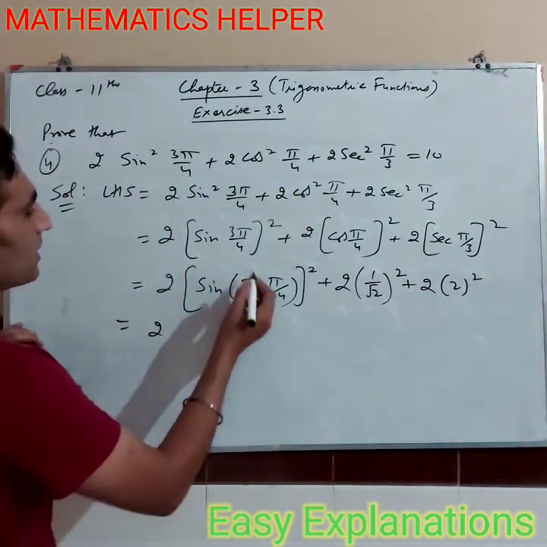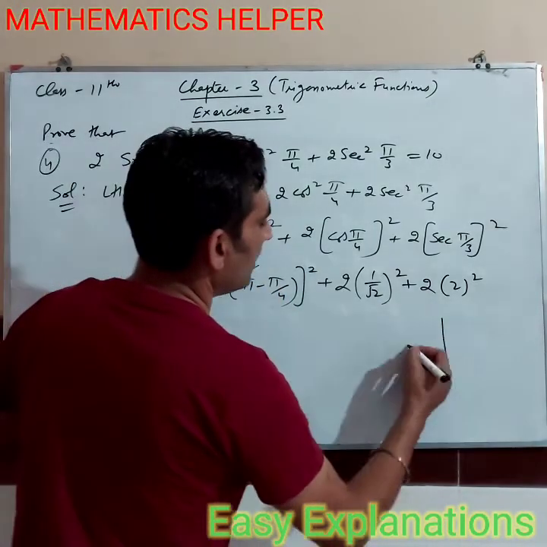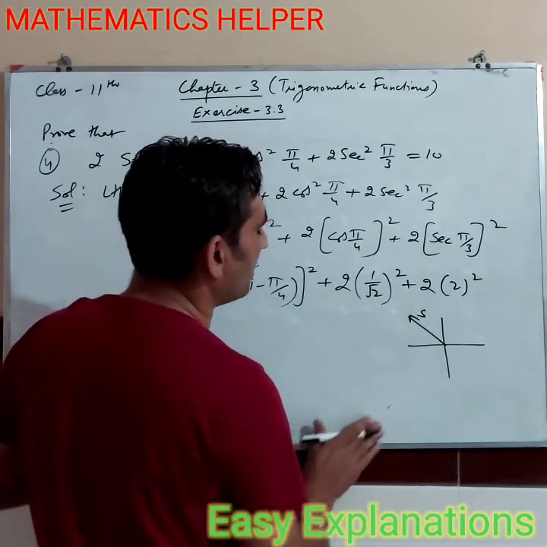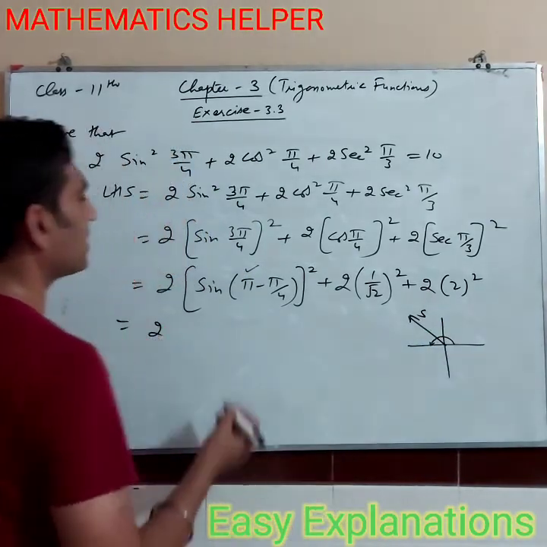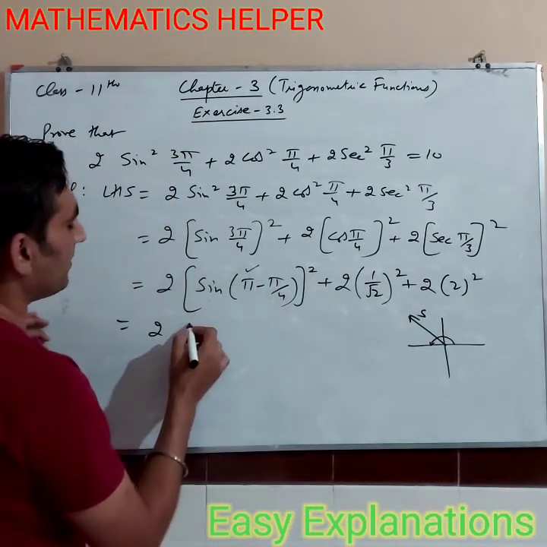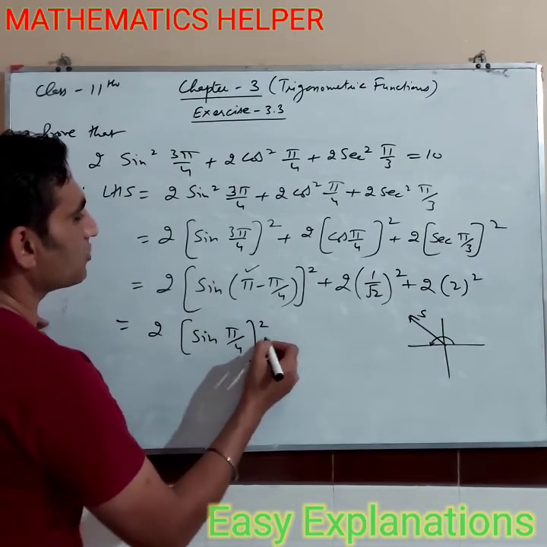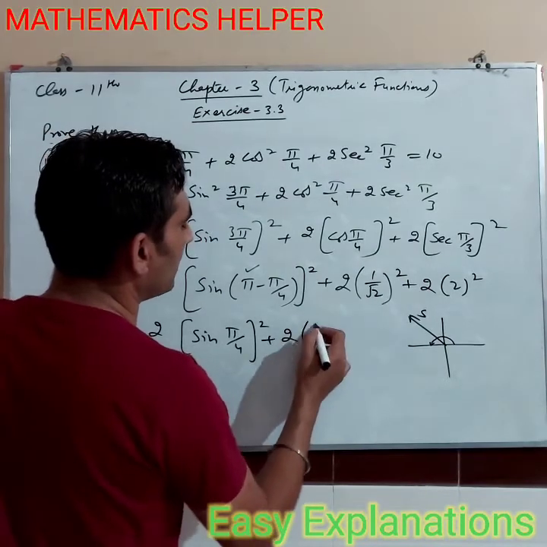Here you have 2 sine 180 minus theta. This is in second quadrant. Your angle lies in second, and in second you have sine positive. So it is 180 minus some angle, acute angle. Because of multiple of pi, sine will remain sine and pi over 4 with it raised to power 2 plus 2 into 1 over square root 2 square will give 1 over 2.